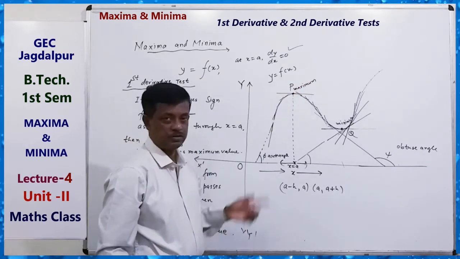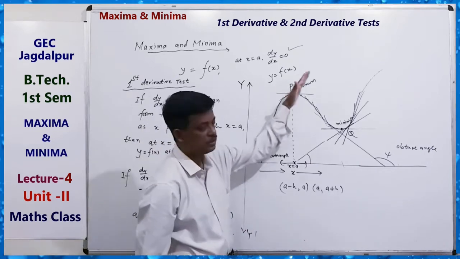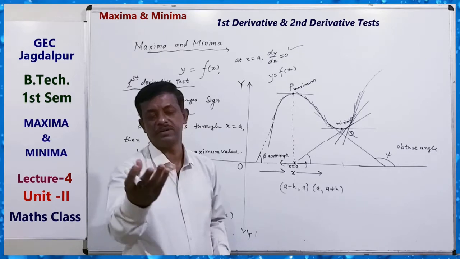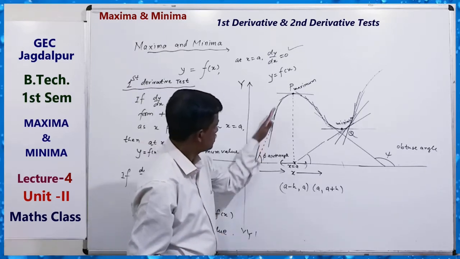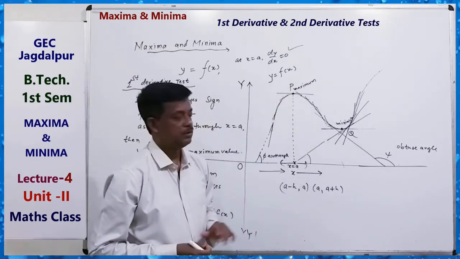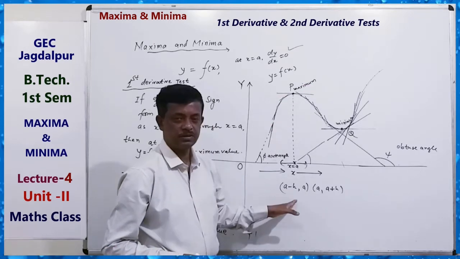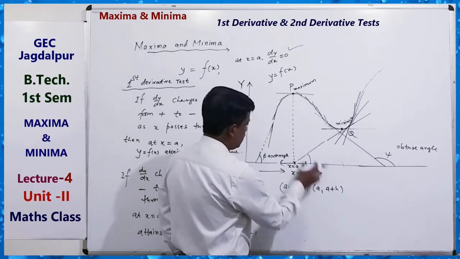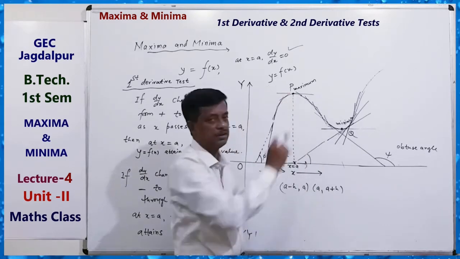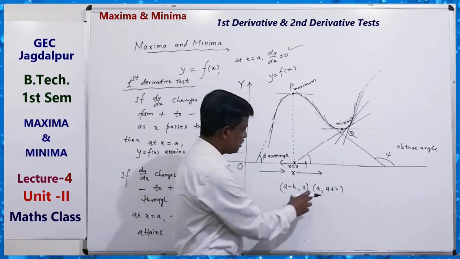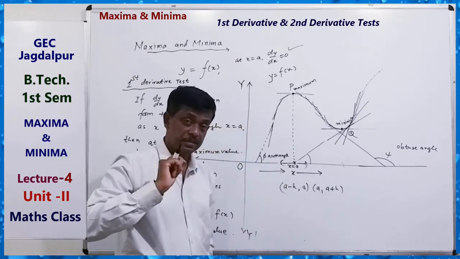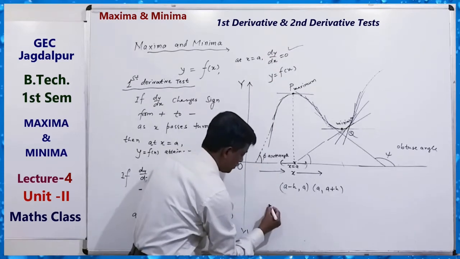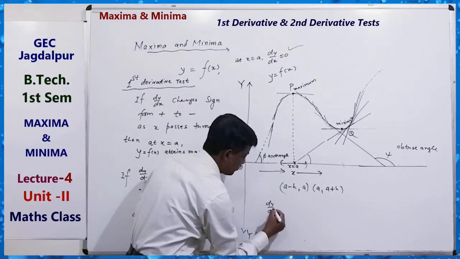We know that for an increasing function the derivative is greater than 0, and for a decreasing function the derivative is less than 0. At the point a the derivative is 0. In this interval the derivative is less than 0. So dy by dx is itself a function of x also.